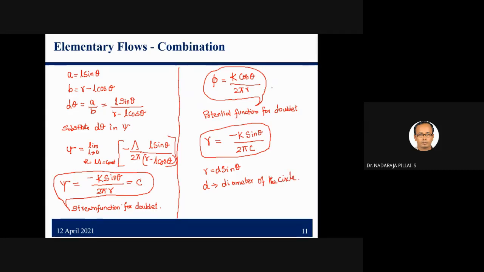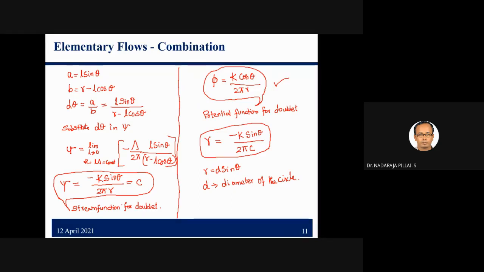I want everyone to derive this phi because it is very easy. You know V r and V theta, and dou phi by dou r, dou psi by dou theta, and with all those combinations, I want you to derive the phi.